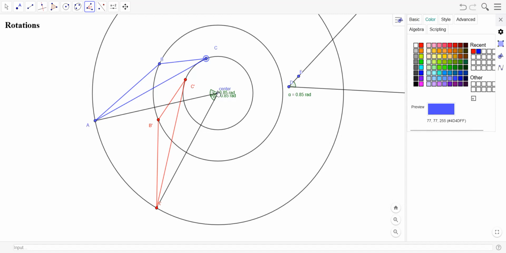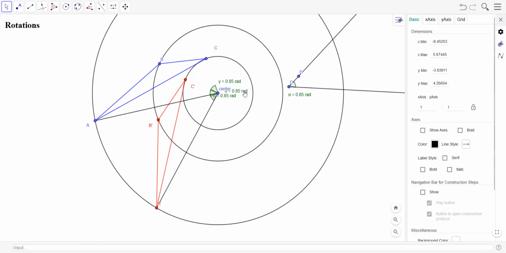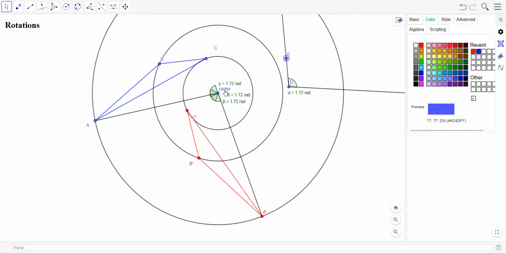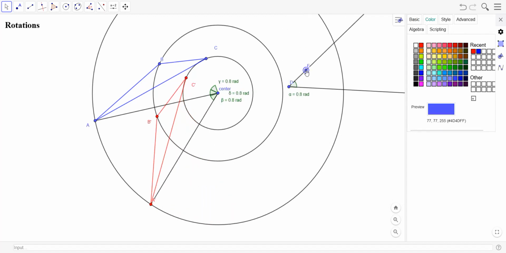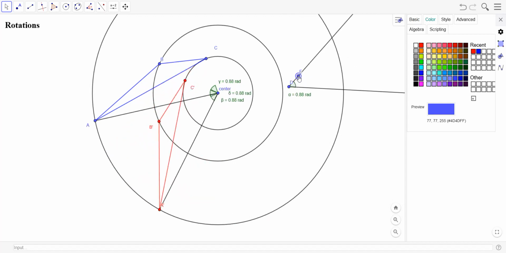And from C to the center to C prime, they're kind of landing on top of each other here, but look at what you see. All the same as that original angle here. And if we change the size of that angle, they all change with it. So that's what a rotation does, right?